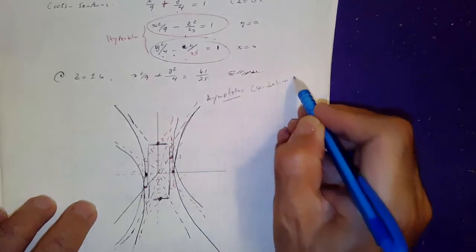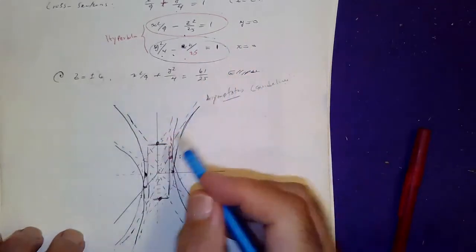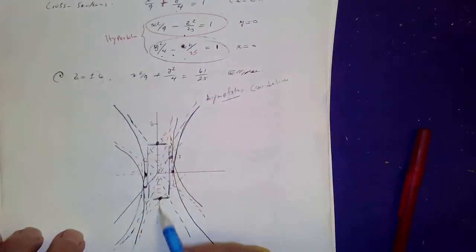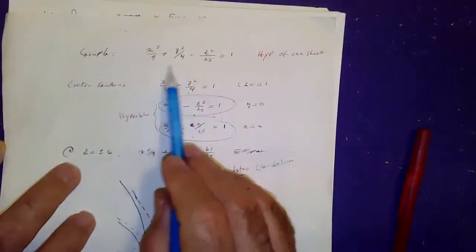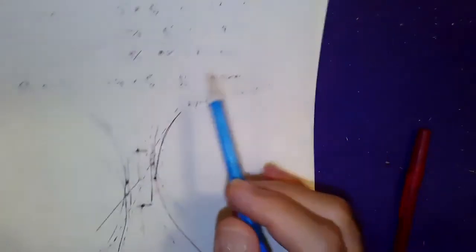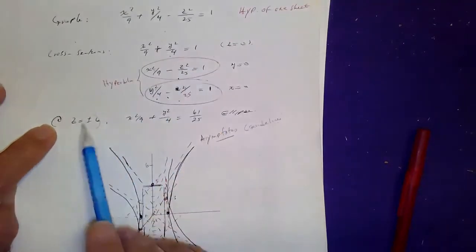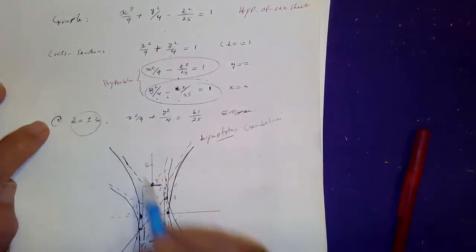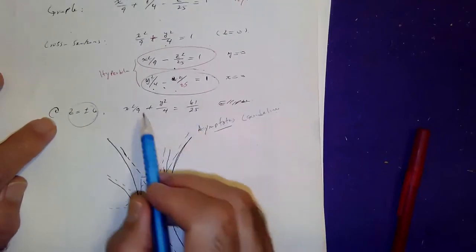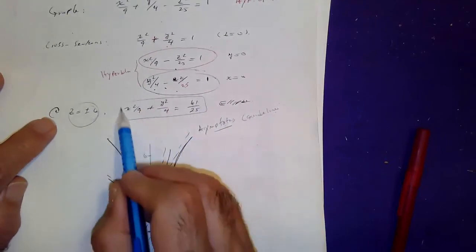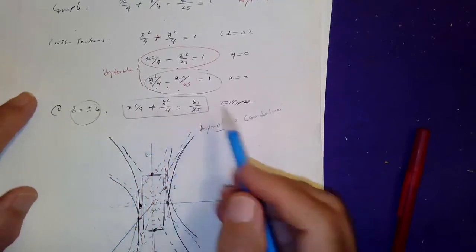Is that right? So now, remember, at z equal to plus or minus 6, if you replace the z in the original equation with plus or minus 6, just to see what the cross-section of the surface with these 2 planes, which are parallel to the floor, looks like, it turns out the equation comes up to this guy, which is an ellipse because you have a plus sign between 2 square terms.